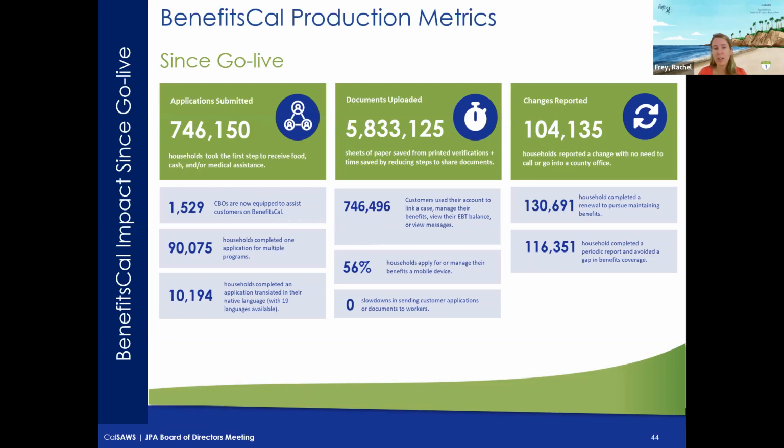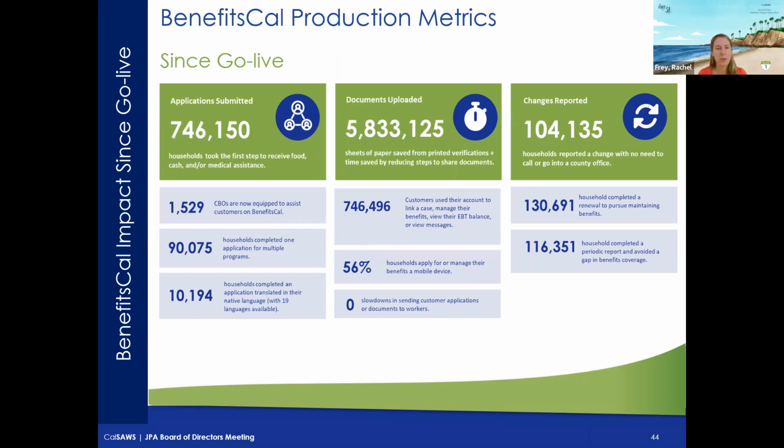There are some areas that we're going to be pushing as Benefits Cal continues to be enhanced to drive adoption, focused on ongoing case maintenance activities, so that we get the numbers up for periodic reports and recertifications, which are sitting a little bit north of 100,000 right now.